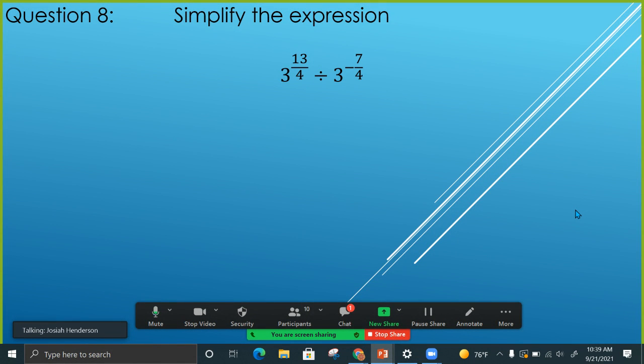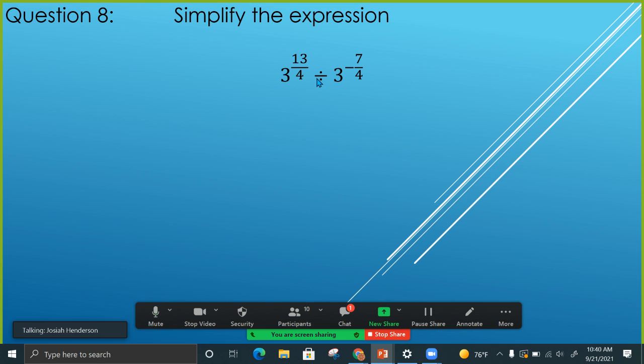So right off the bat, I know I could convert these to radical form. However, I'm hoping that we get some canceling and simplifying, and maybe that 13/4 and 7/4 whittle down to smaller numbers, right? So in the spirit of hoping that I can do some simplifying of those fraction exponents, it might be best to hold off on radical form until later, till we're all done.